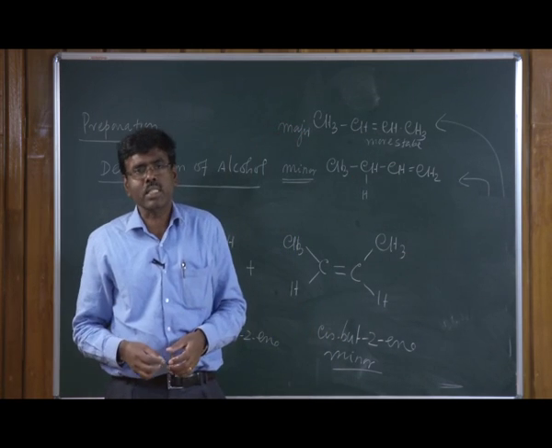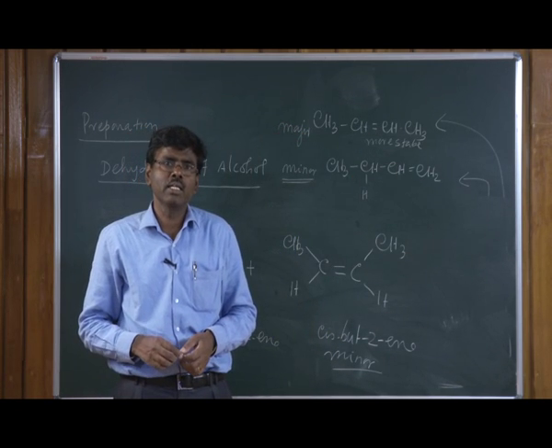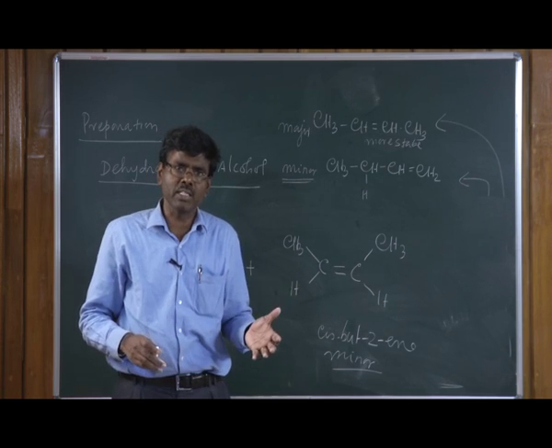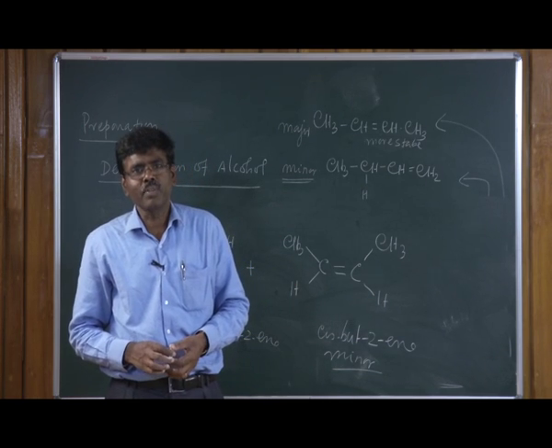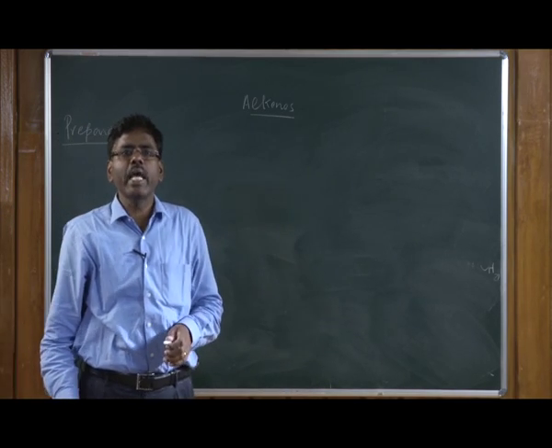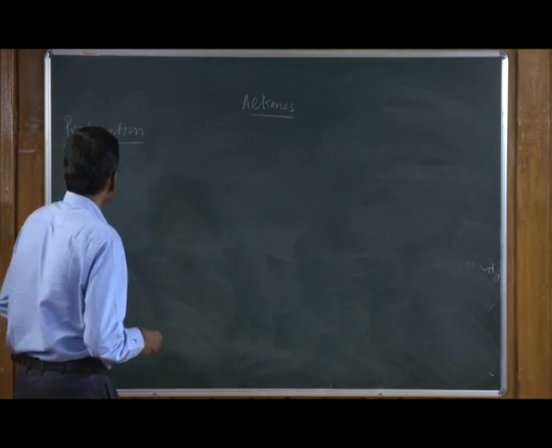And if you go for tertiary alcohol, there is also the possibility that the carbocation can undergo rearrangement, then the double bond formation takes place. So, the next reaction is the dehydrohalogenation reaction.